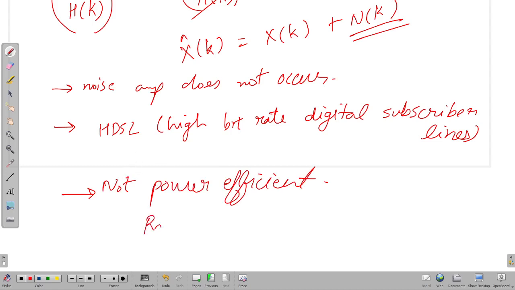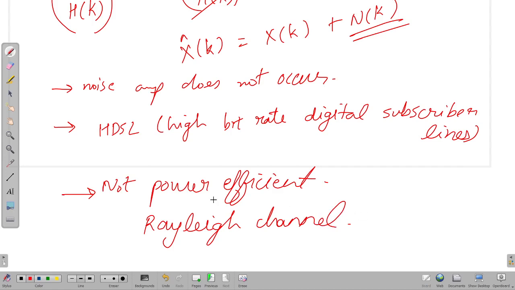For example, channels like the relay channel, which used to have multiple paths, many multipaths.